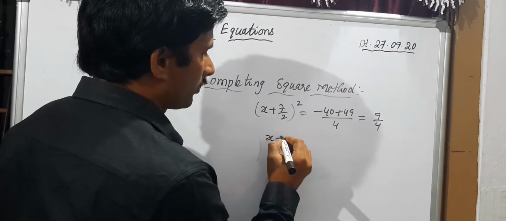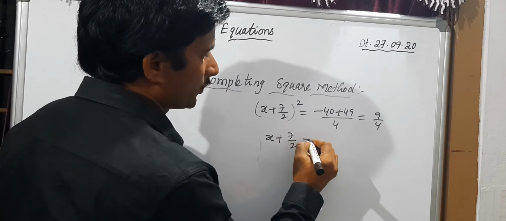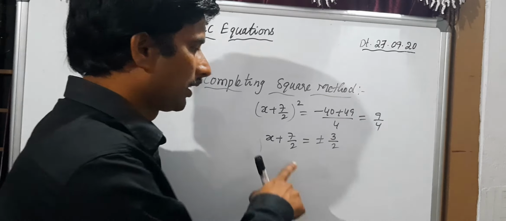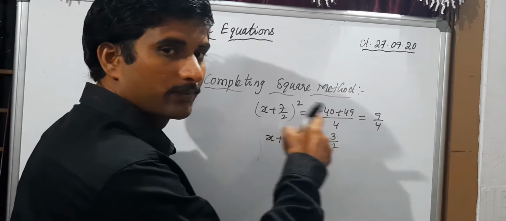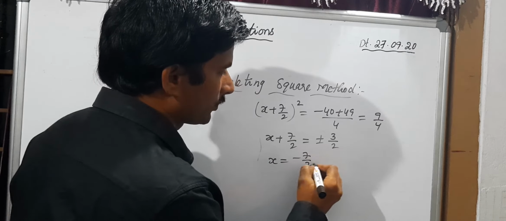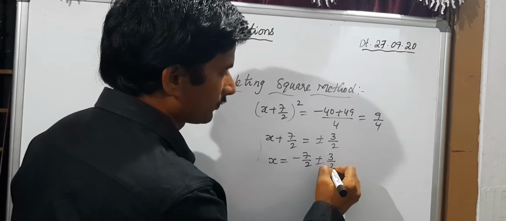On taking the square root on both sides, we get x plus 7 by 2 equal to plus or minus 3 by 2. Now the plus 7 by 2 on the left hand side transposes to the right side and becomes minus 7 by 2. Then x equals minus 7 by 2 plus or minus 3 by 2.